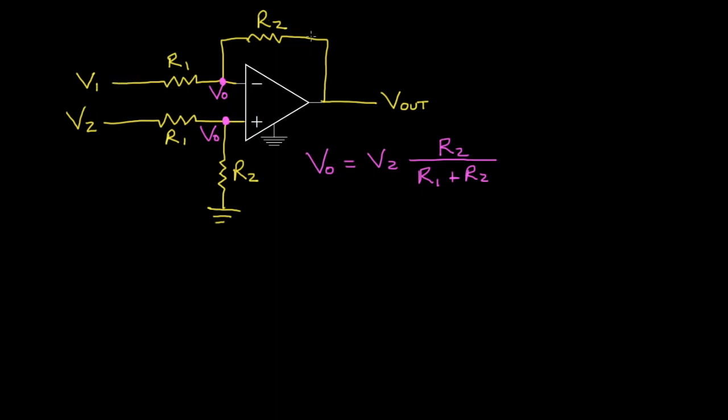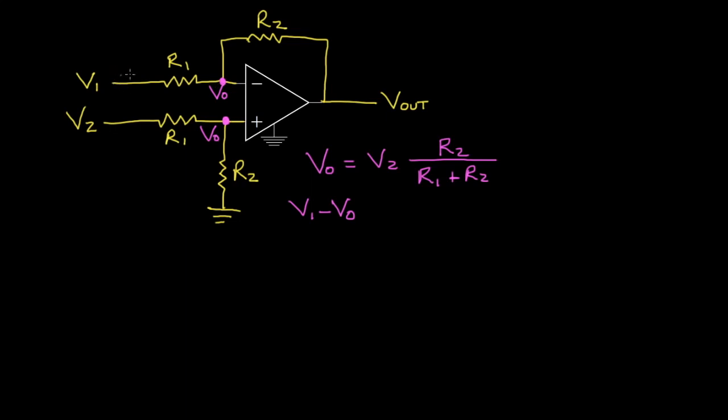Now, across these two resistors, the total voltage is V1 minus V out, and the voltage across resistor R1 is V1 minus V0. So that's the voltage across this R1 resistor.